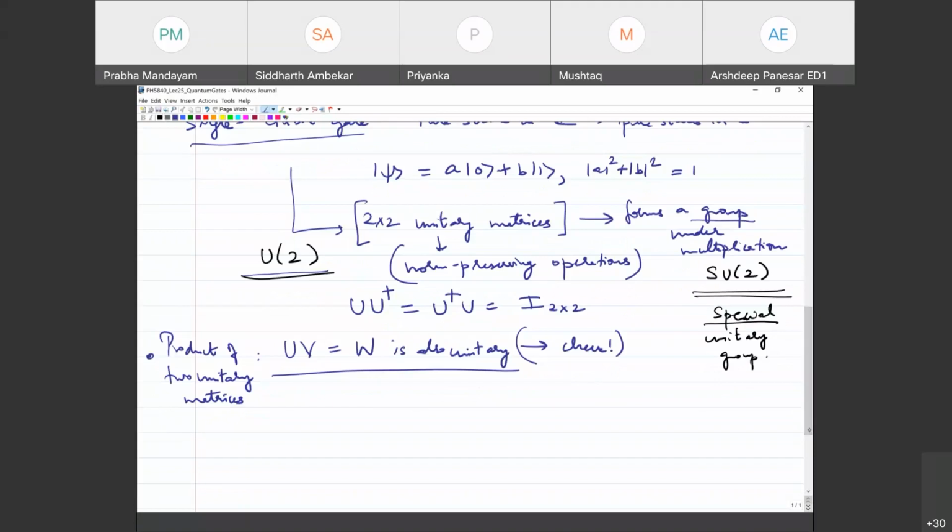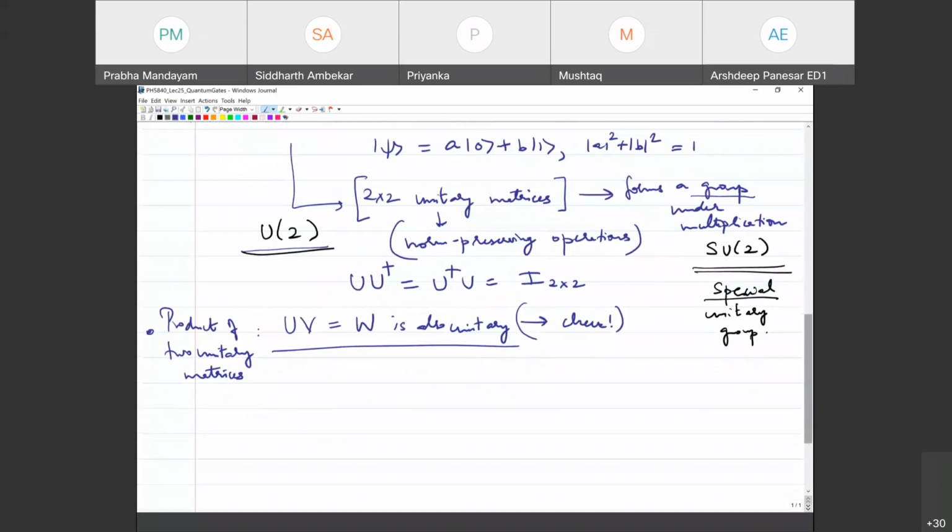Okay. Now, what is the special unitary group? So why do I put this SU2? U2 is simply the group of 2 cross 2 unitary matrices, right? What is SU2? There are MSc students here, right? Ma'am, its determinant should be 1. Yeah, indeed.